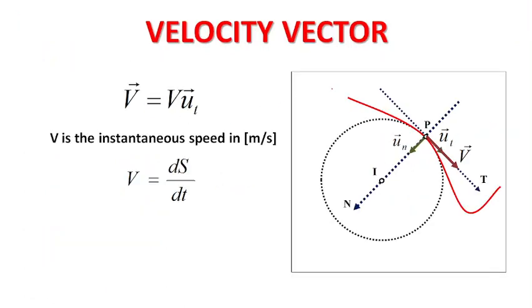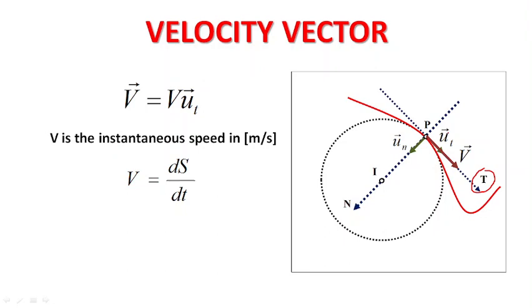Now, the velocity vector in the Frenet system. We know that the velocity vector is tangent to the trajectory, so it's oriented only along the axis t. V vector equals v ut, where v is the instantaneous speed. We know that average speed is equal to distance divided by time.